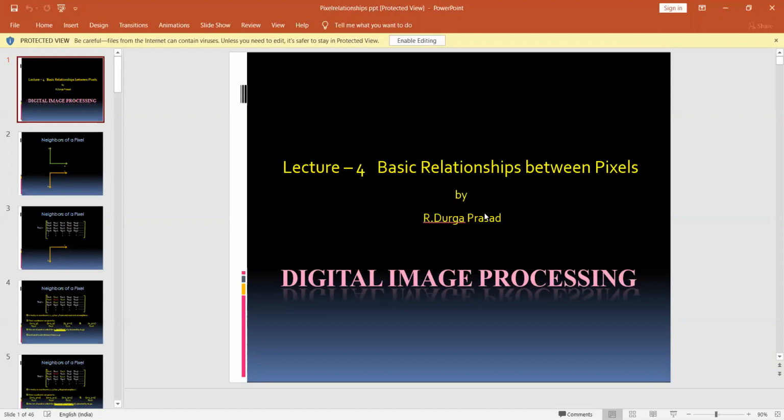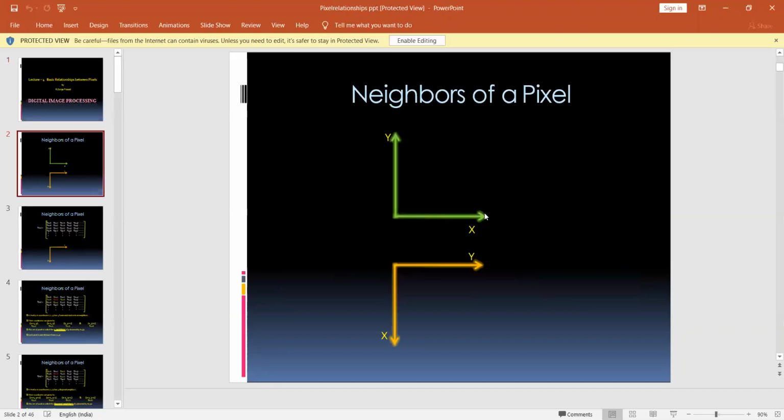Simply, pixel means image element or picture element, so-called PEL. So it has different names like PEL, image element, pixel element; normally we call it a pixel. Now the relation between pixels is about the resolution.